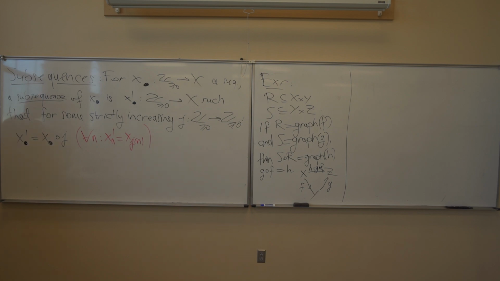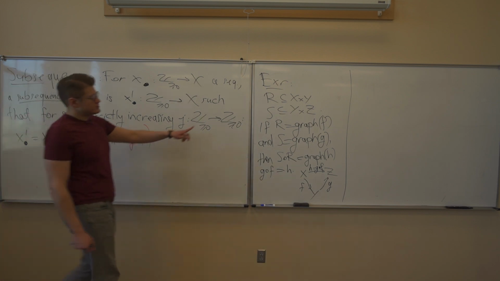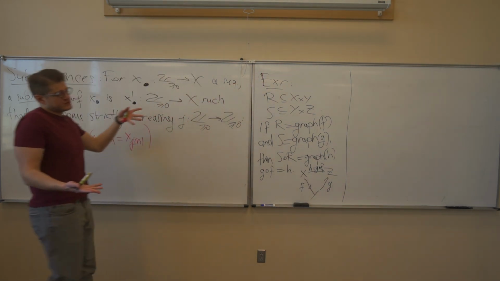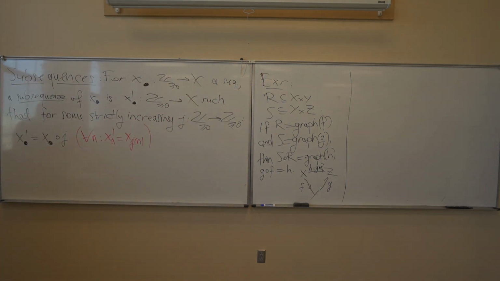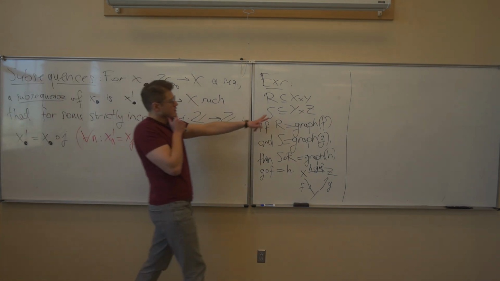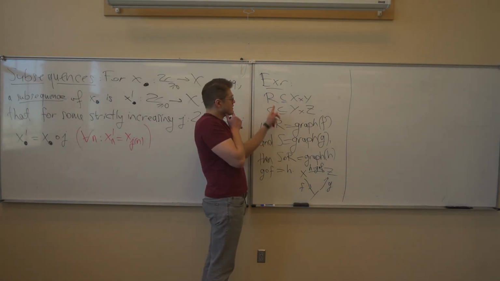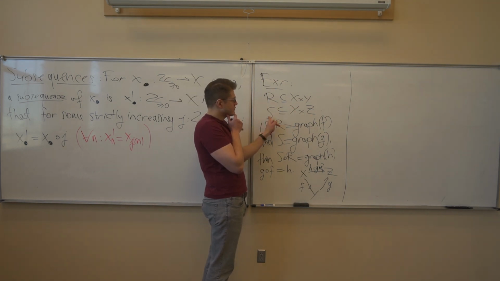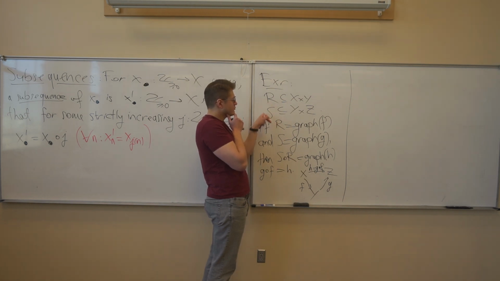So we had talked about composition of relations, and composition of functions work pretty much the same way. But here's an exercise about this. If I have 3 sets, X, Y, and Z, a relation R from X to Y, and yet another relation S from Y to Z, then of course I can compose these two.